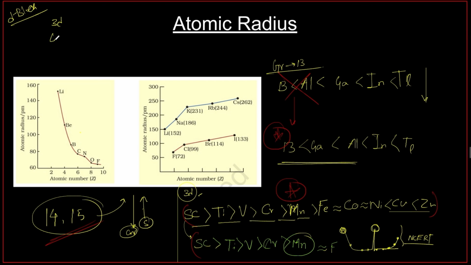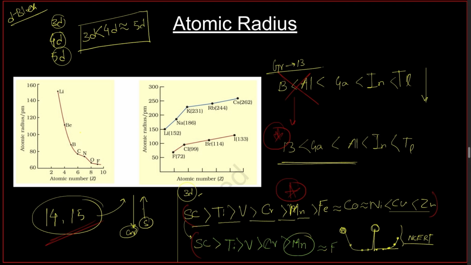That 3d, 4d, 5d, if we talk about their shielding, 5d is a much poorer shielder, 4d is a little better, and 3d is better among them. Okay, so if we write it there, 3d is better than 4d, but 4d is kind of equal to 5d. Okay, I hope you understand. This is all about atomic radius.